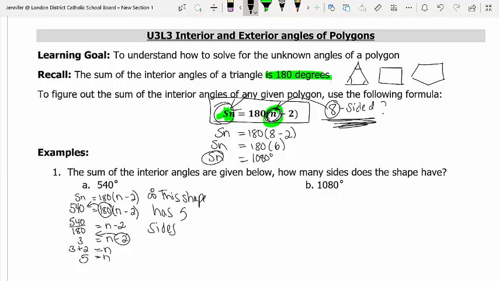So the sum of the interior angle is 1080. How many sides does the shape have? So we have a formula that relates the sum of the interior angles to the number of sides, and that is this. Now let's plug in 1080 into the sum of the interior angles, because that's what 1080 represents.